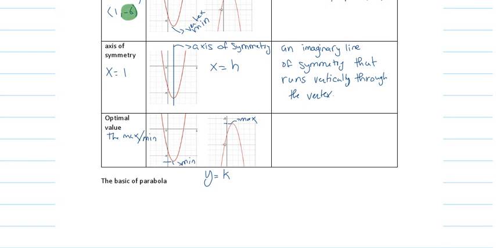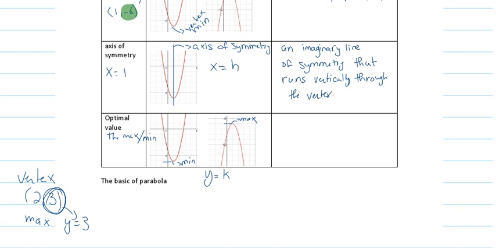Are you guys okay with that? So let's look at this. If your vertex is, for example, 2, 3, if that's your vertex, what would be your maximum value? 3. If I say you have a max, it will be y equals 3. Okay? So that part of the vertex is going to be your maximum value or your minimum, depending if it's opening up or opening down.